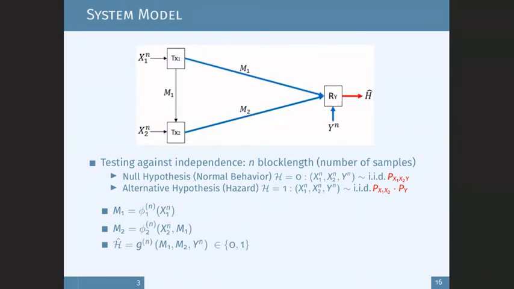And now the receiver ROI, using both messages and using its own local observation that was directly connected to it, for example, the local observations in the COVID example, heart pulse rate, oxygen of the lungs, etc. And using all of this information, it will determine, or let's say it will guess, if we are under the null hypothesis or the alternative hypothesis. And this is a single bit decision, which is equal to 0 or 1.